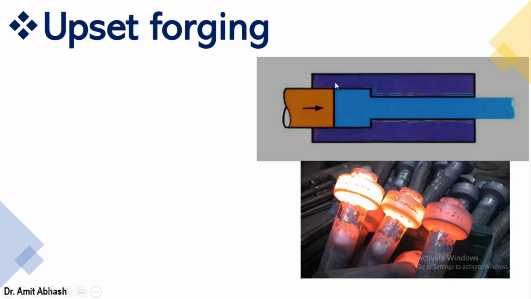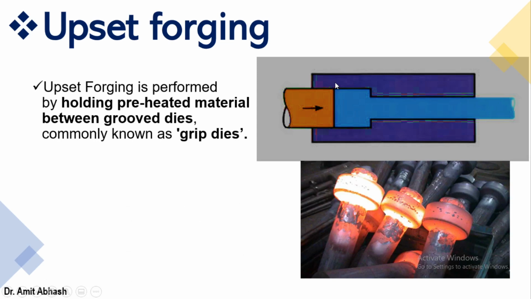The next type is upset type of forging. The first point regarding the upset type of forging is that upset forging is performed by holding a preheated material between the grooved dies, commonly known as grip dies.